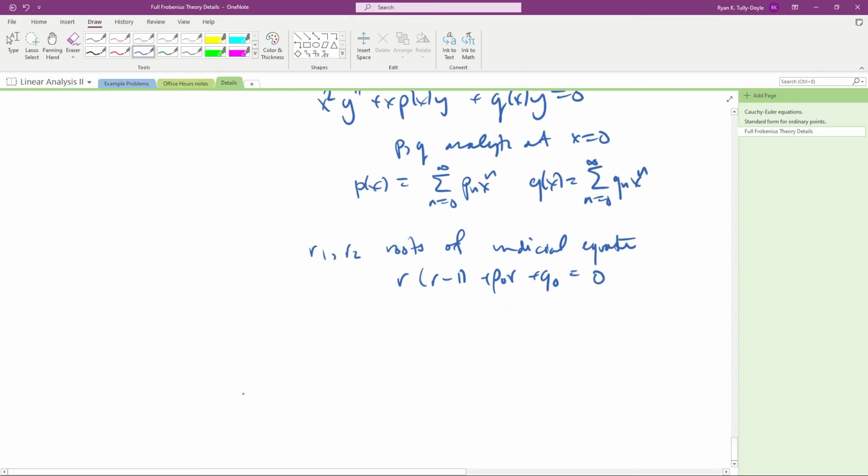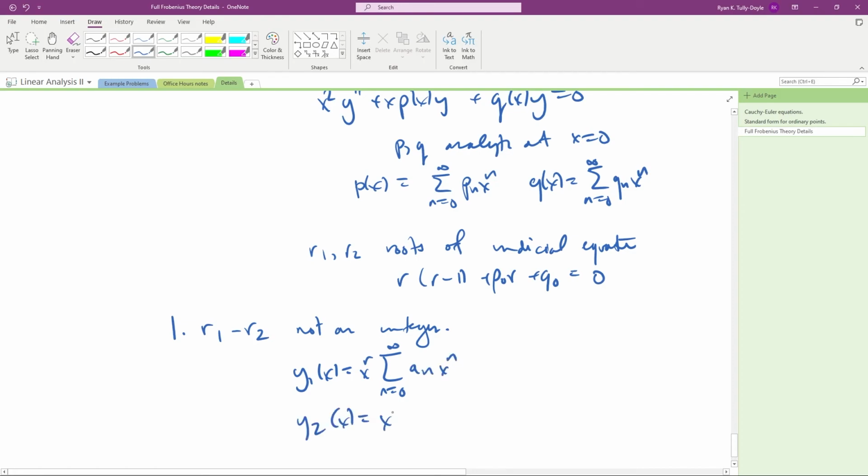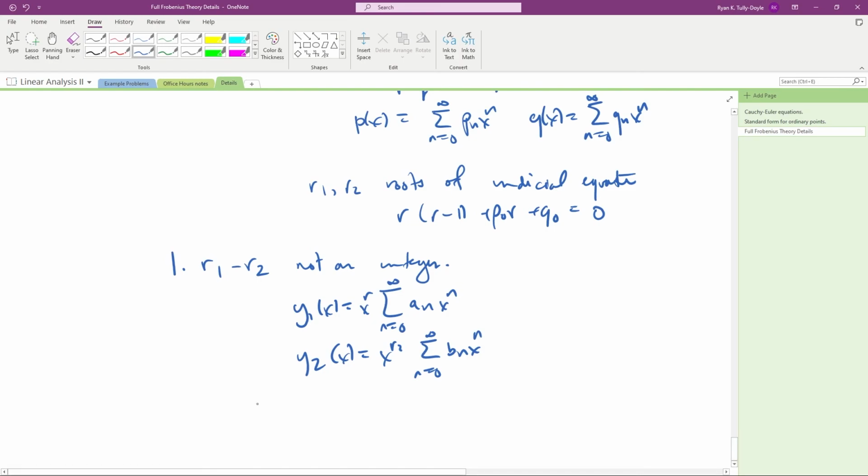Then we have 3 cases. Case 1, r1 minus r2 not an integer. Then y1 of x is equal to x to the r1, sum from n equals 0 to infinity of an x to the n, and y2 of x is x to the r2, sum from n equals 0 to infinity bn x to the n, where we can find those coefficients using the recursion relation. Case 2, r1 equals r2, which is equal to r.